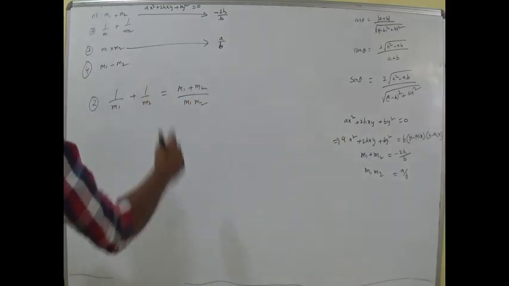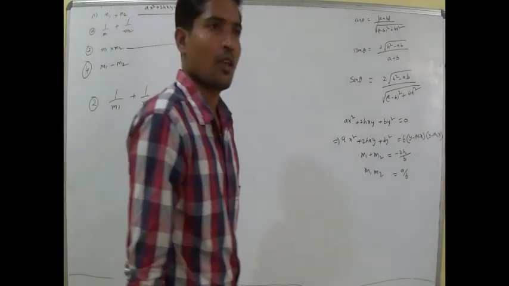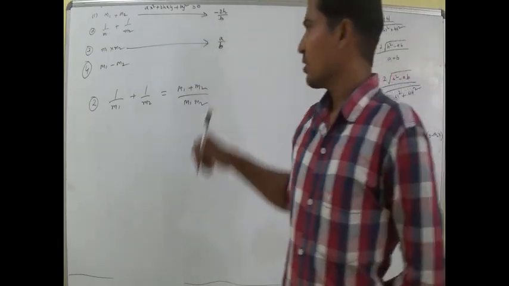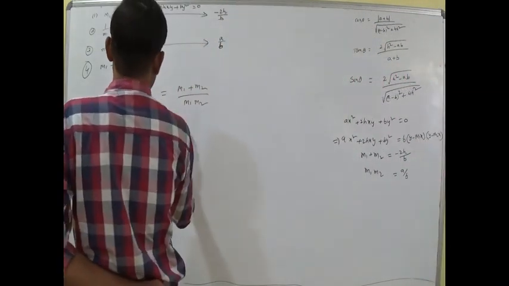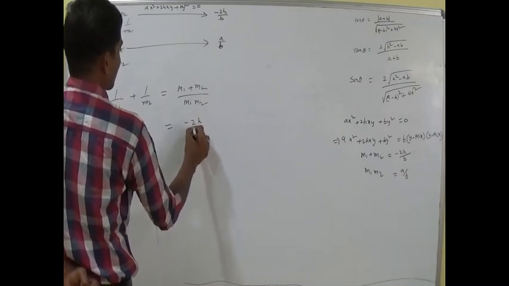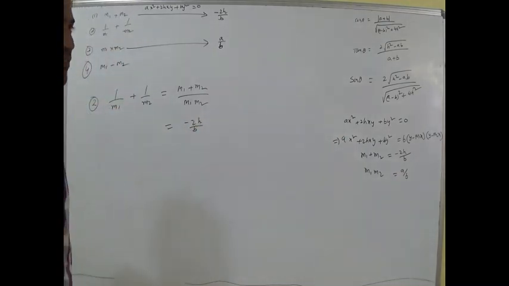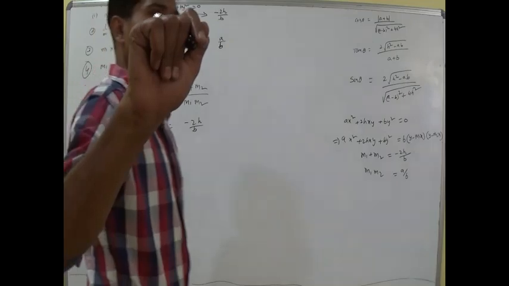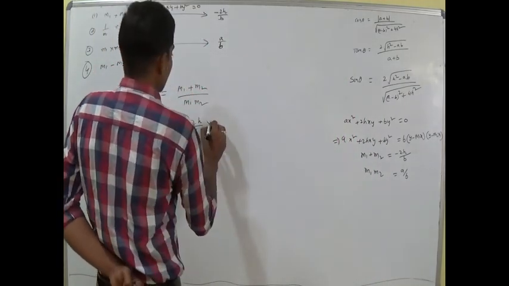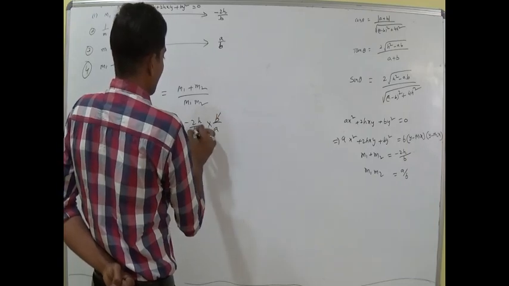Already we have the value of m1 plus m2, which is minus 2h by b, and m1 m2 is a by b, so that can be written as b by a.